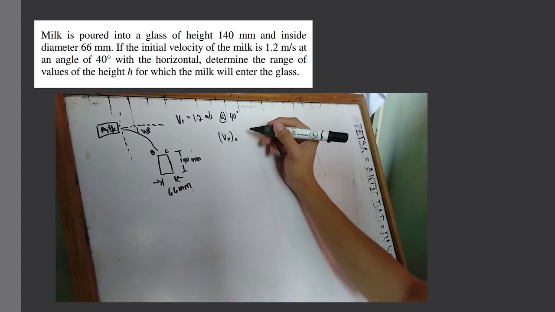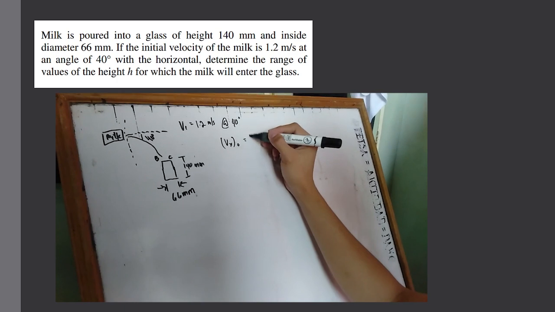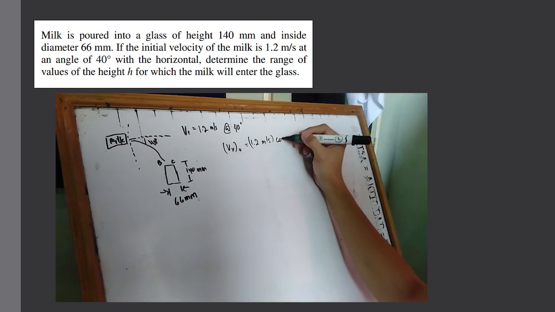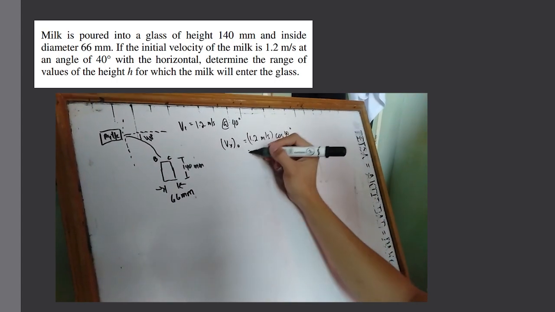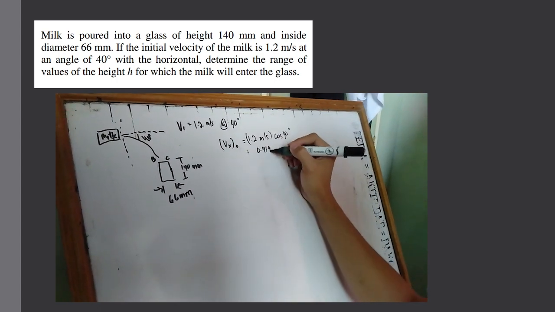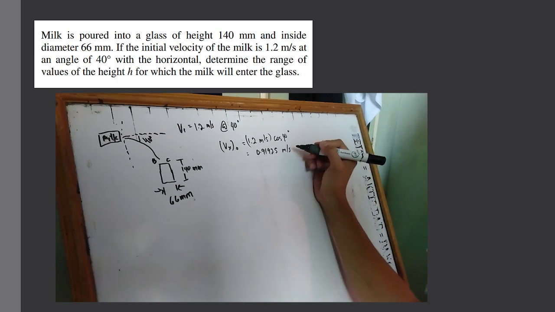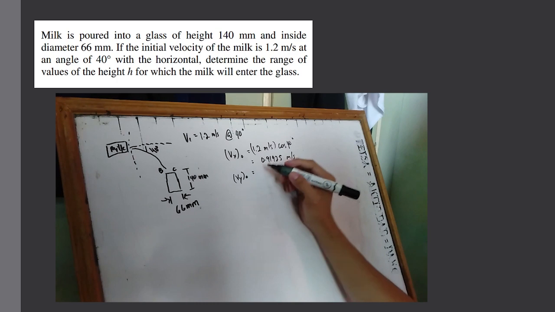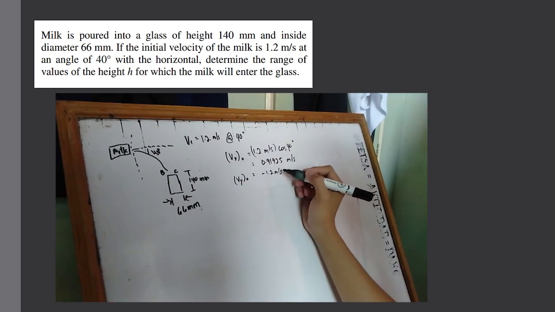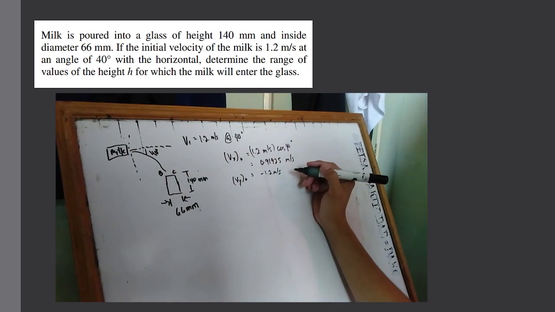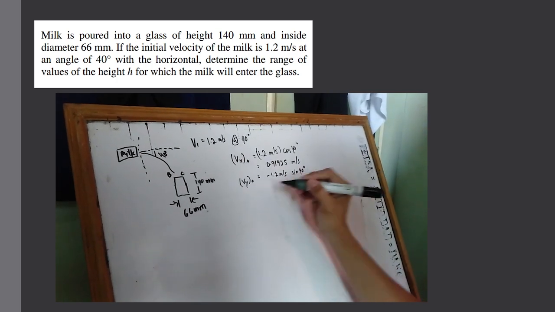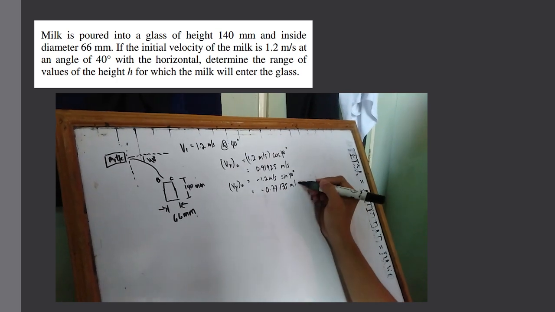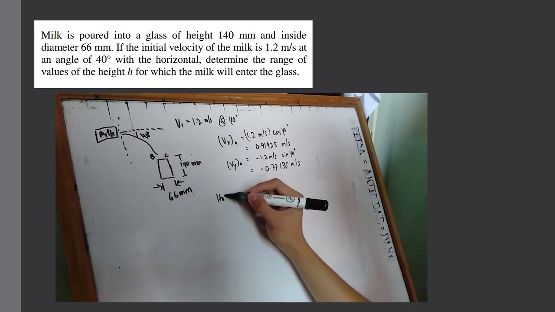This is the initial. We have 1.2 meters per second times cosine 40 degrees, which is 0.91925 meters per second. And the y-axis, Vy, is equal to negative 1.2 meters per second, negative because it is going down, times sine 40 degrees, which is negative 0.77135 meters per second.